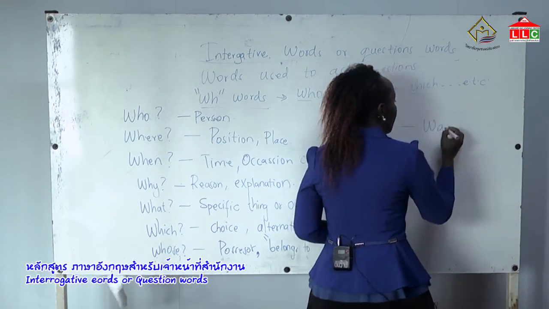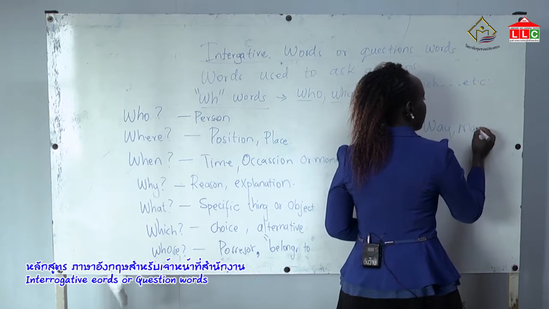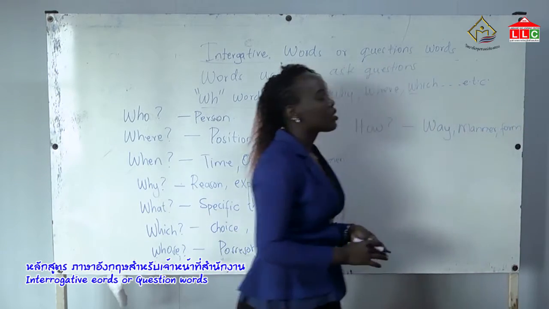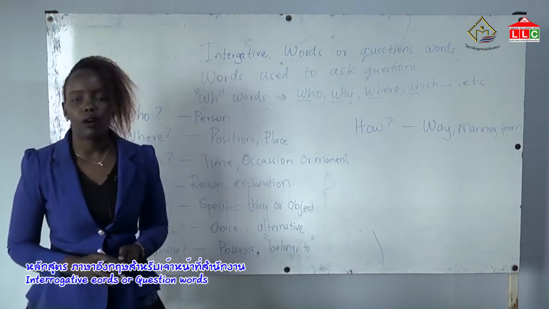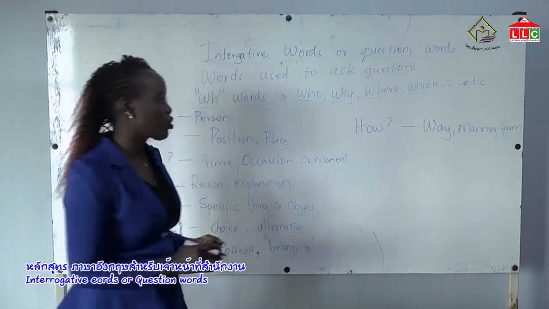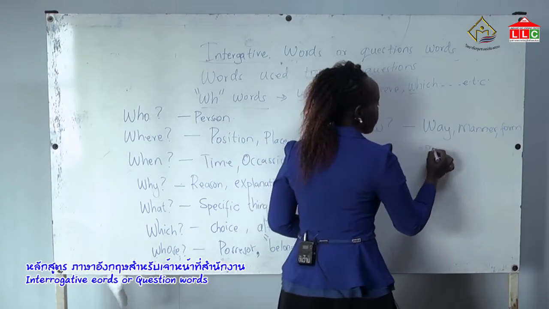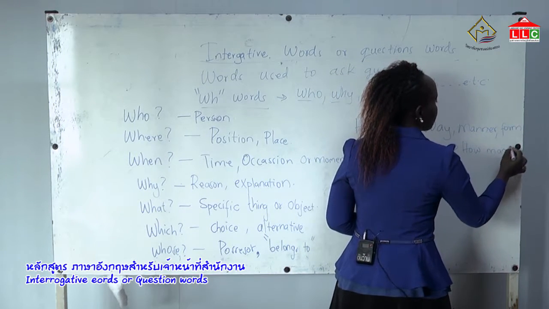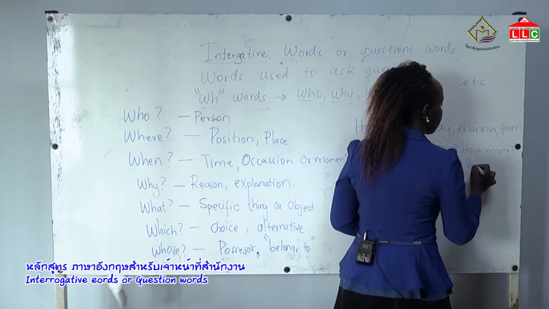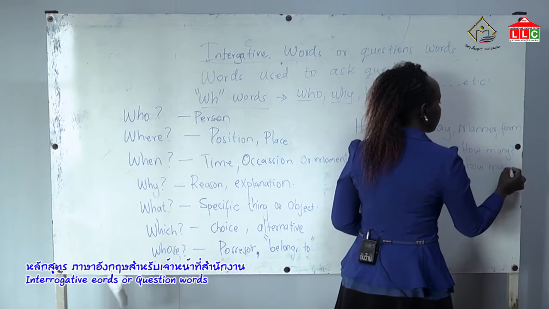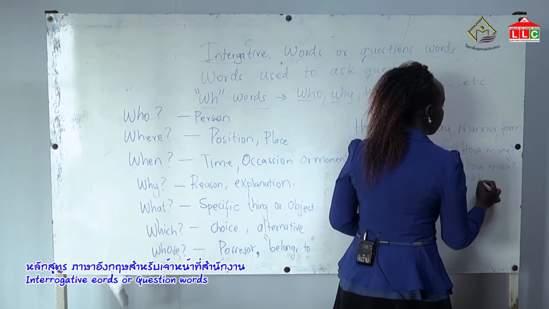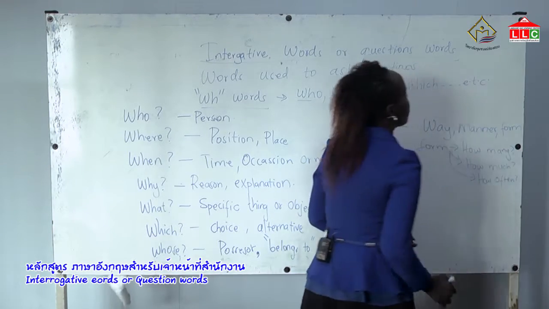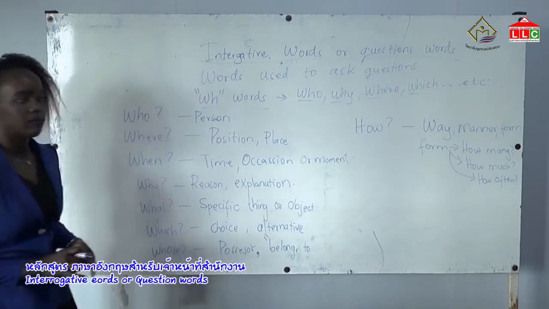When you're asking about the form, there are three ways in which you can ask those questions: how many, how much, and how often.